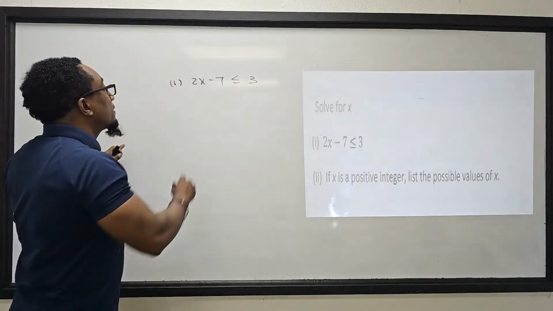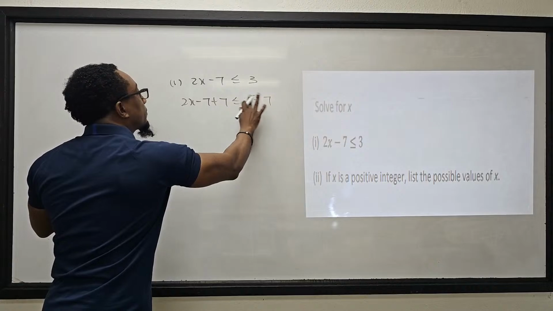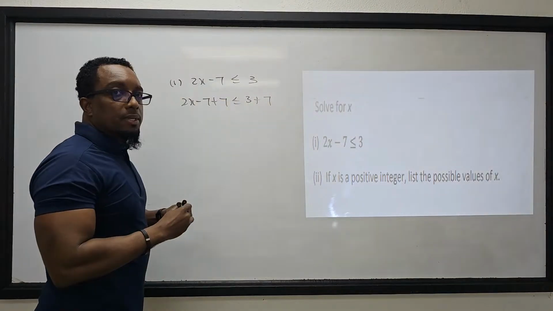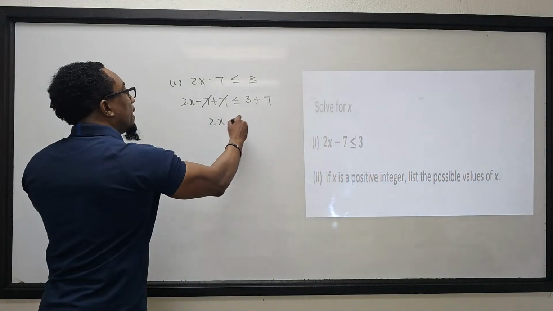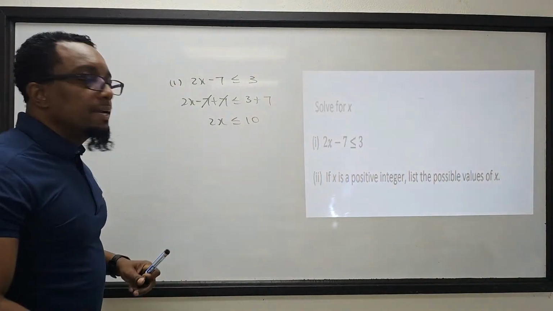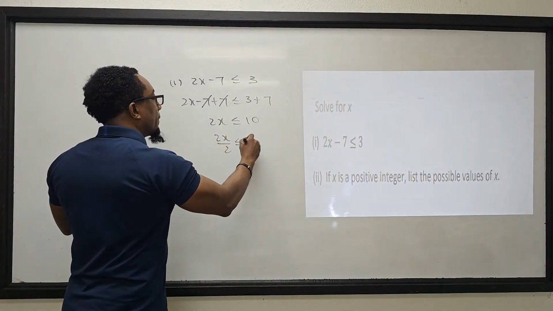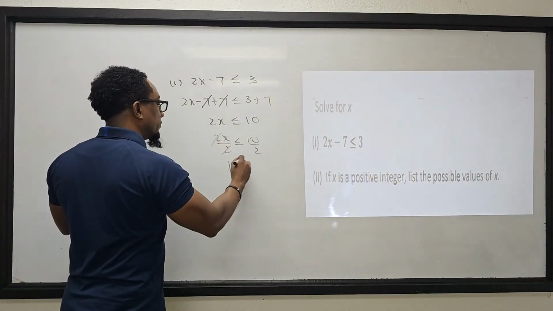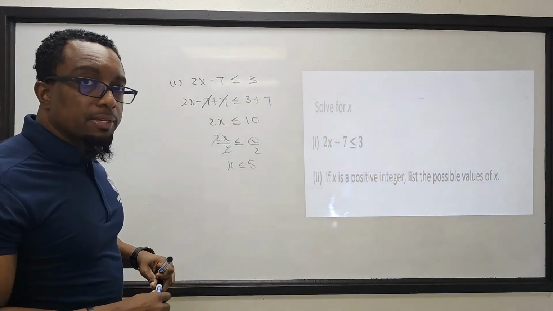So to remove -7, I'm going to add 7 to both sides. So this will be -7 plus 7 is 0. When I get 2x is less than or equal to 10. And therefore to get x by itself, I divide both sides by 2. So we have x is less than or equal to 5.